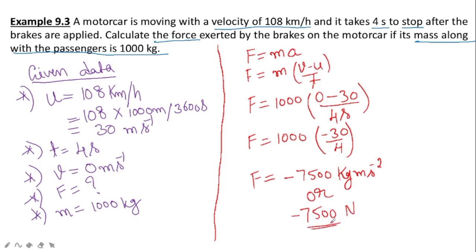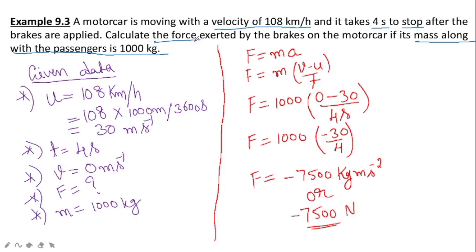The negative sign tells that the force exerted by the brakes is opposite to the direction of motion of the motor car. You can remember that if the value is positive, it shows that the object is under motion, and if the negative sign is given, it indicates that the motion is moving towards rest. Clear? So this is the method how to solve this problem.